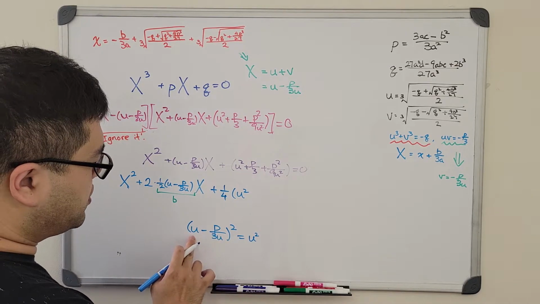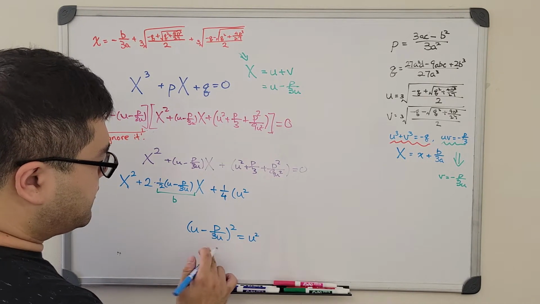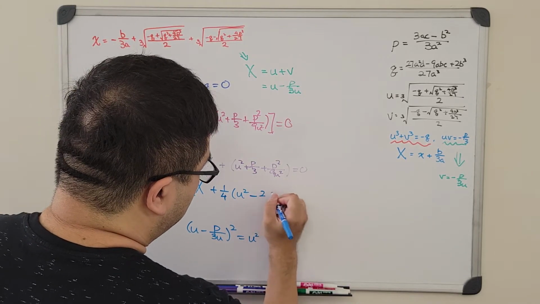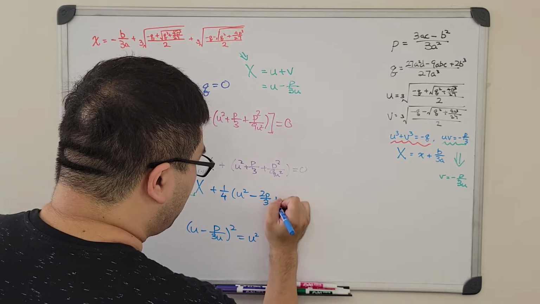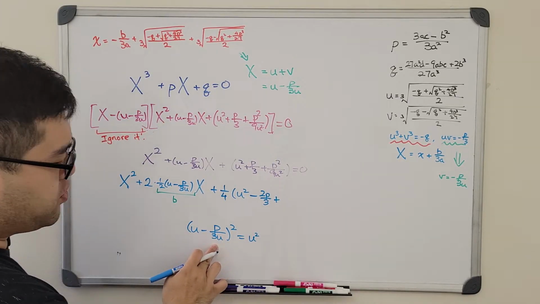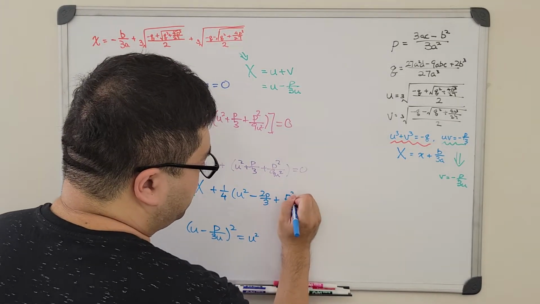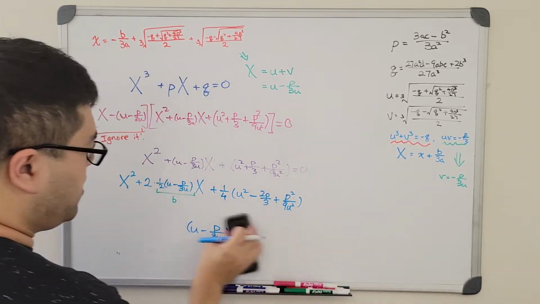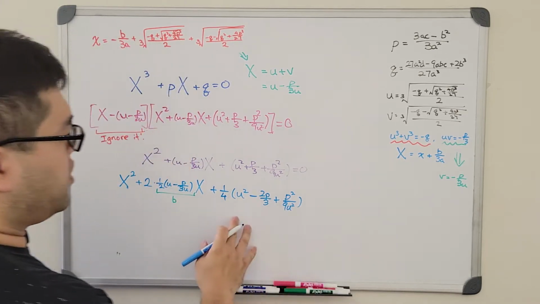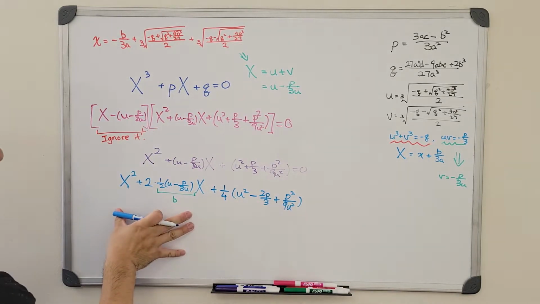We end up with 2 times p over 3, which is 2p over 3. And then we have plus the last term squared, which gives us p squared over 9u squared. Excellent. So this is what we need on the left hand side.